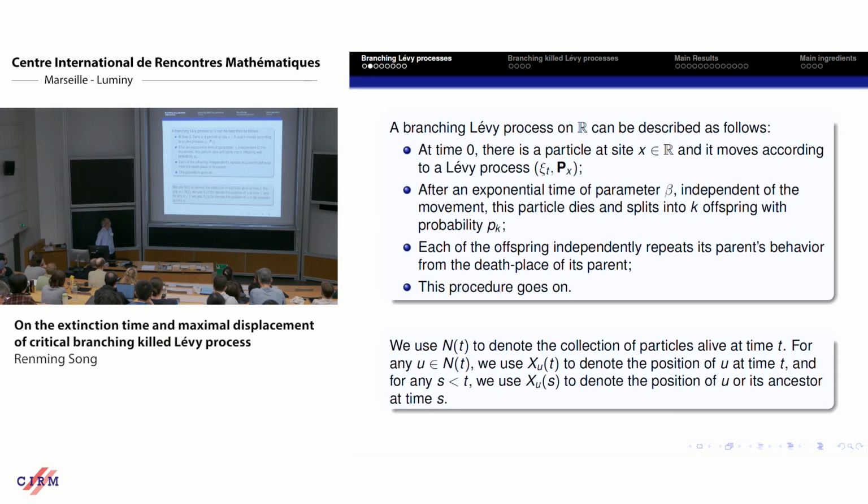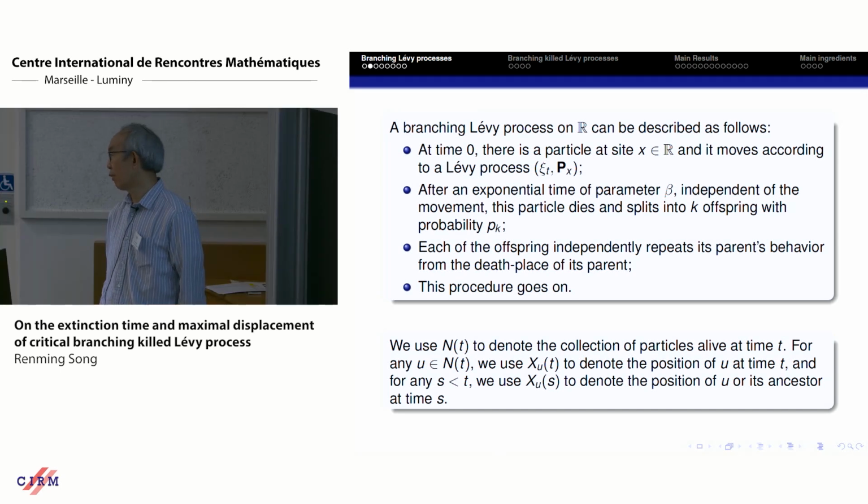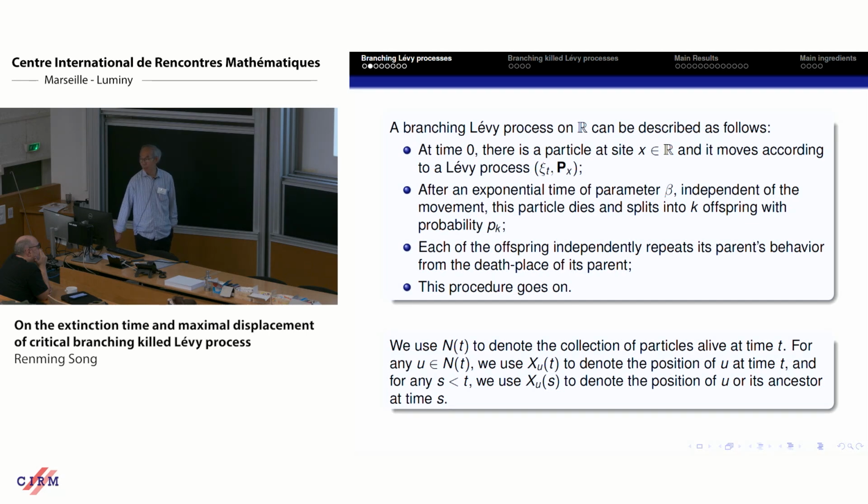Fix the time t, and use Nt to denote the collection of particles alive at time t. For any particle u alive at time t, we use Xu(t) to denote the position of that particle u at time t. That's the usual standard notation. For any time s less than t, the particle u may not be alive at time s, but either that particle or its ancestor will be alive at that time.